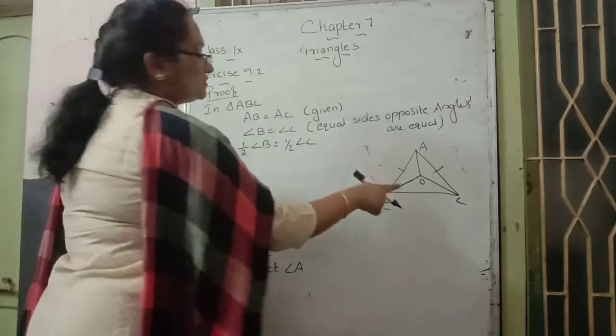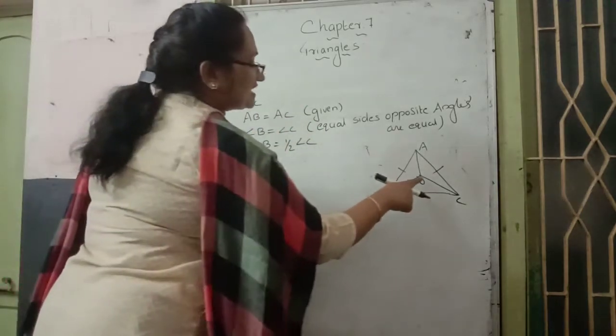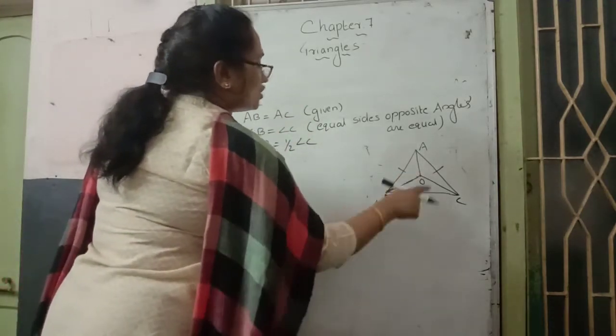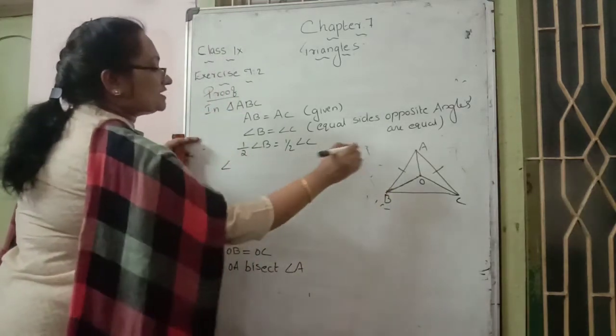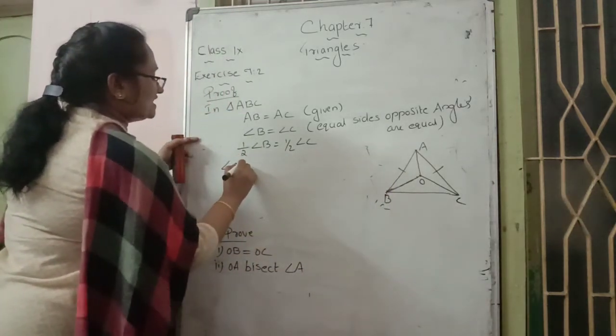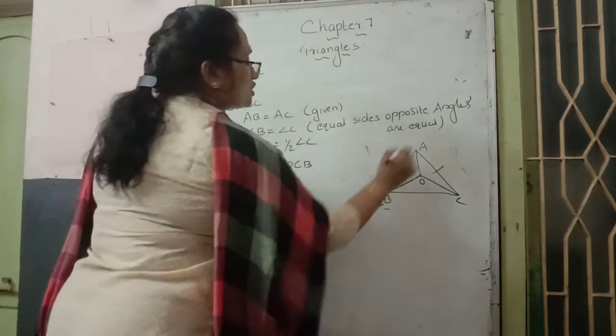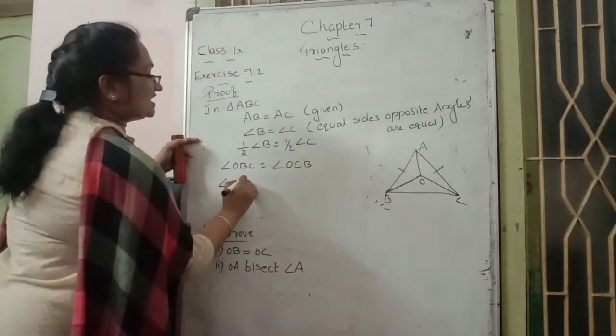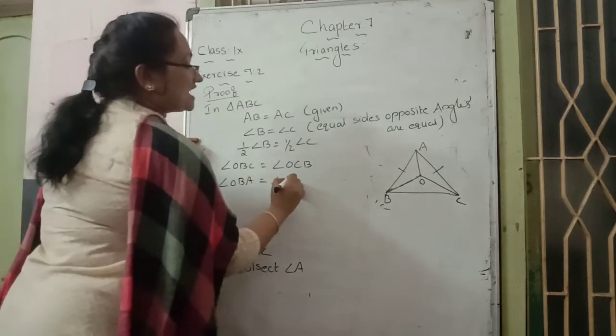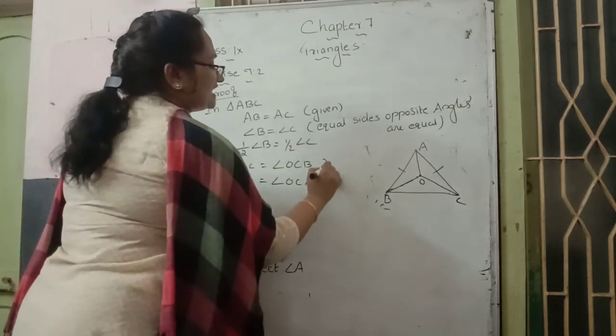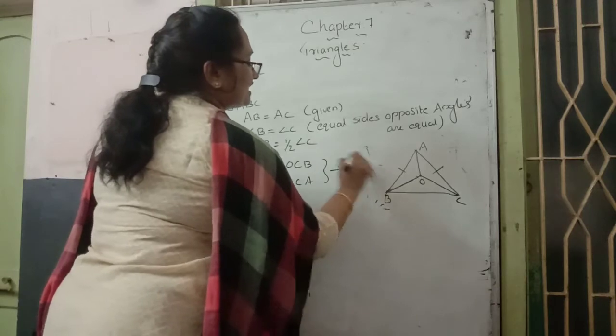Then we write the angles we get: half of angle B means angle OBC is equal to angle OCB. Next, the top part: angle OBA is equal to angle OCA. There we can mark equation 1.